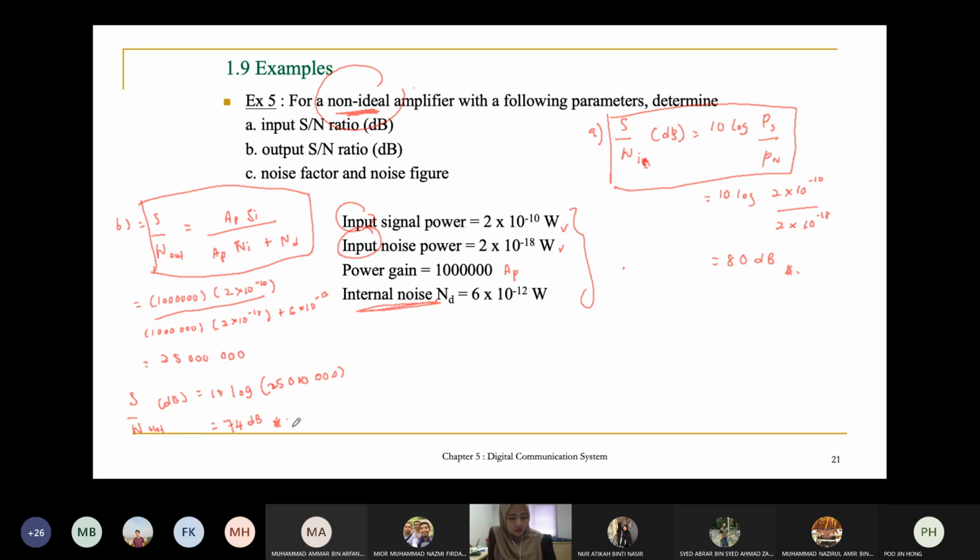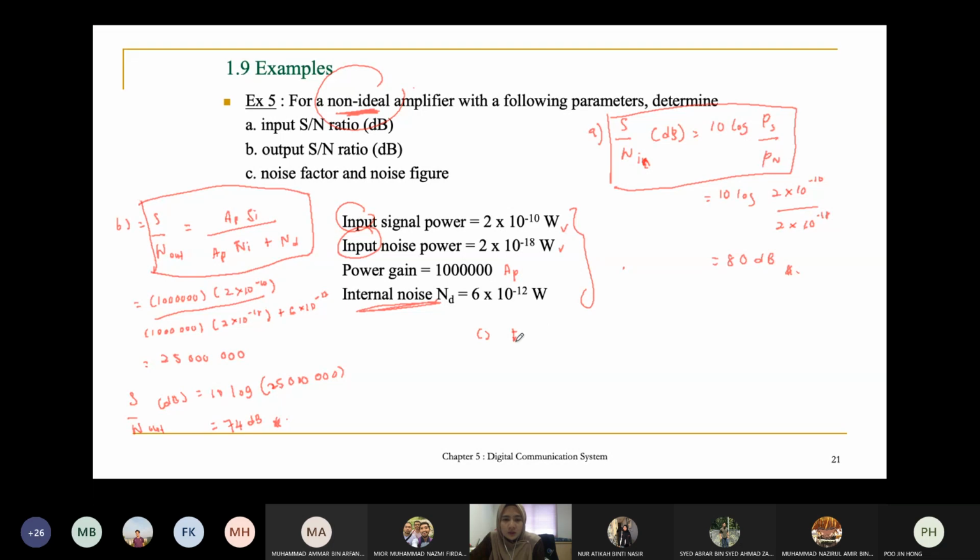Next question C asks you to calculate for the noise factor and the noise figure. For this question, you only have one amplifier, so you don't need to use the Friis formula. You need to calculate for the noise factor first.